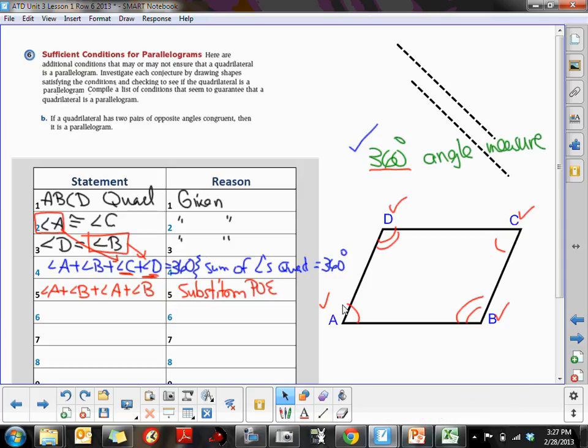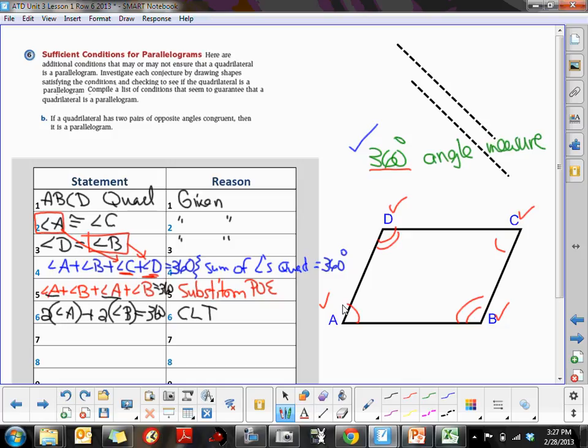And then we're going to combine like terms. I have an angle A there and angle A there, so that's two of those angle A's, plus the same thing with the angle B's. I have two of those that add up to 360 degrees. And that is by collecting like terms.